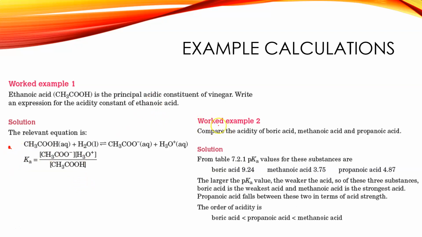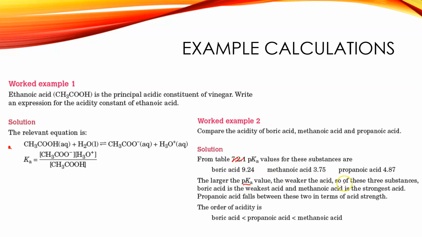And then in worked example number 2, we're asked to compare the acidity of boric acid, methanoic acid, and propanoic acid. So you will go to the table in your data booklet, this reference is wrong, and find the pKa value for these substances. Boric acid has 9.24, methanoic 3.75, propanoic 4.87. So the larger the pKa value, the weaker the acid.